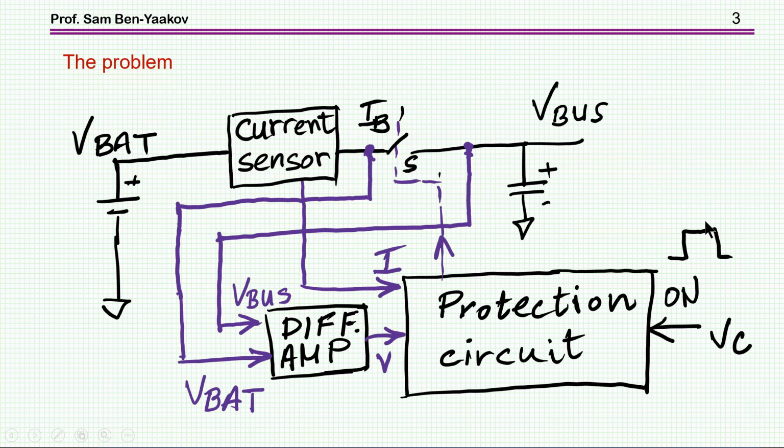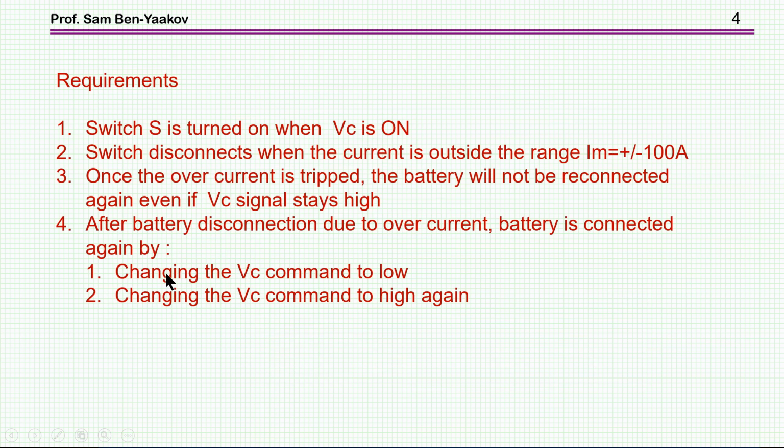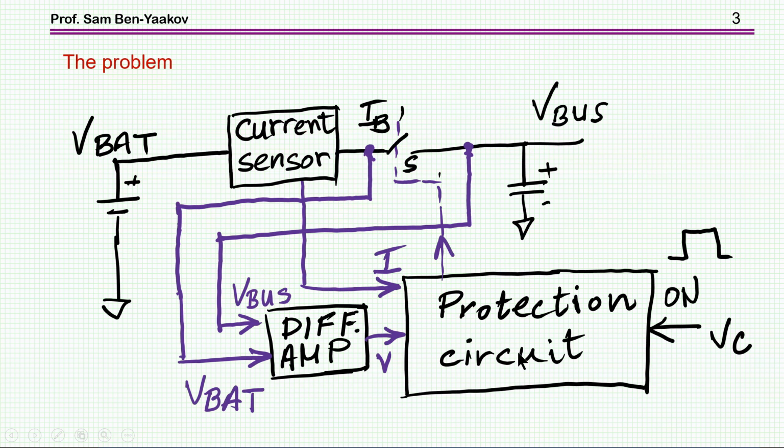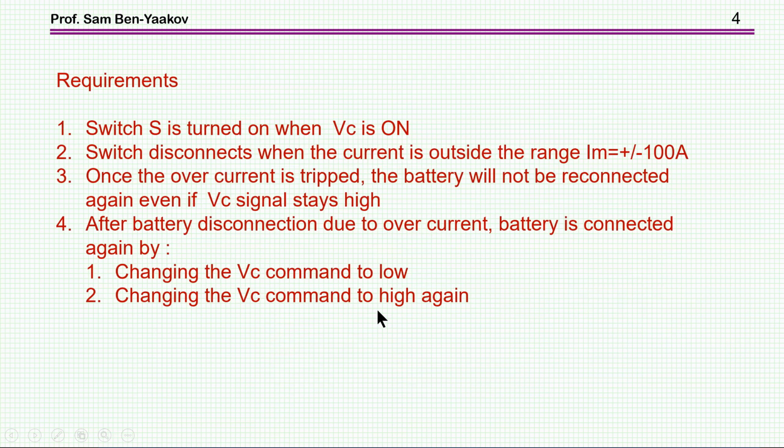That is, if there is an on signal and there is a disconnect due to overcurrent, and the current drops down, it will not reconnect. What you have to do is change VC to low, and then to high again in order to activate the switch.